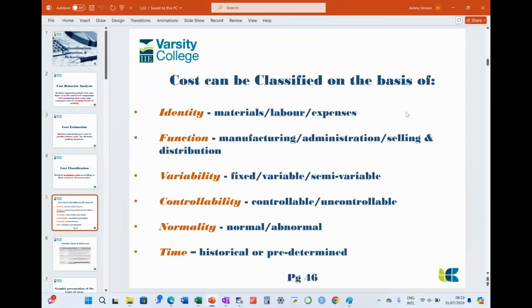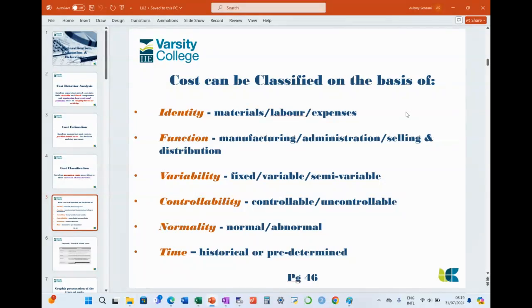Okay, then function, how do these costs function or behave, or where do they yield from? Does it make sense? Then variability. All right, here remember we spoke on, does the cost vary with our output or not? All right, and that's how we distinguish whether something was fixed or variable.